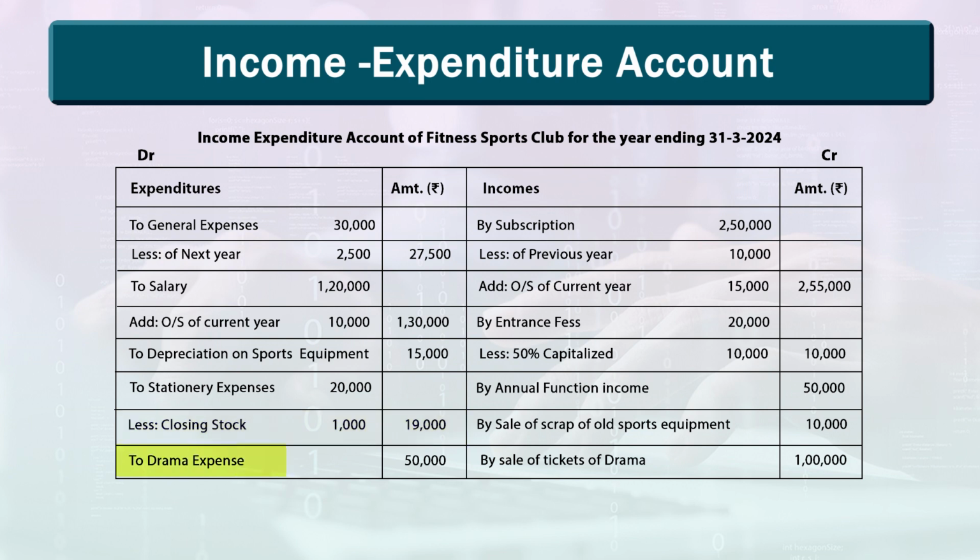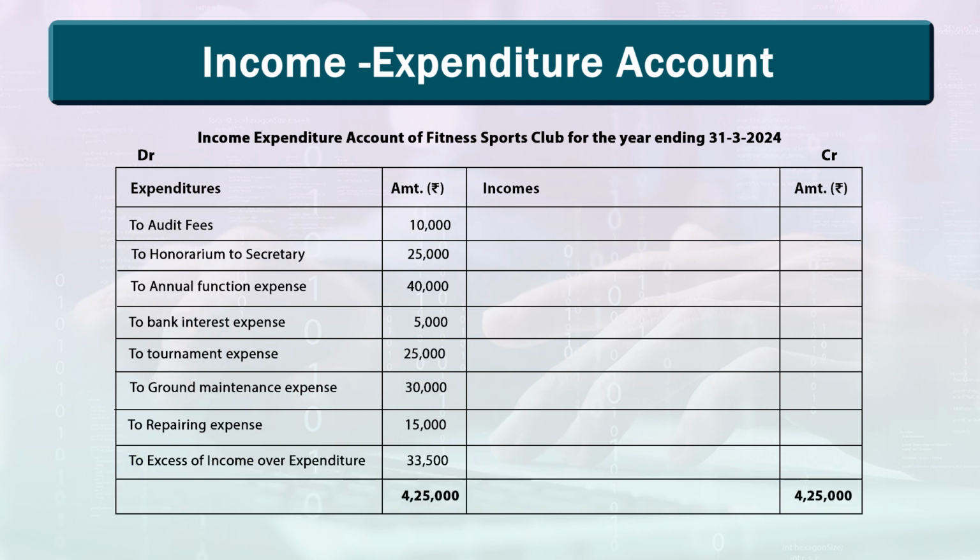Then we have drama expenses of rupees 50,000. After that, we have audit fees of rupees 10,000. Moving ahead, we have honorarium to secretary of rupees 25,000. The next entry recorded is annual function expenses of rupees 40,000.